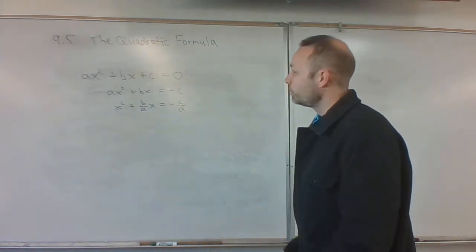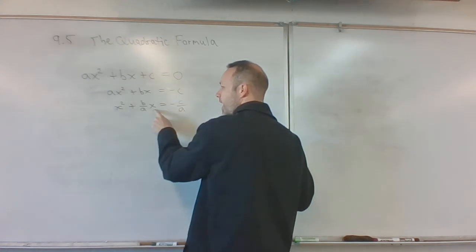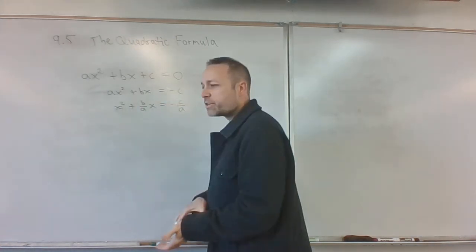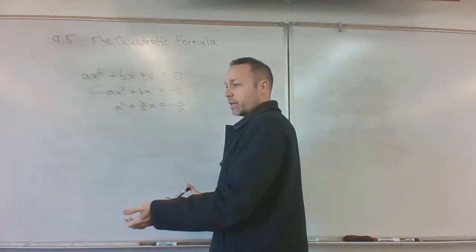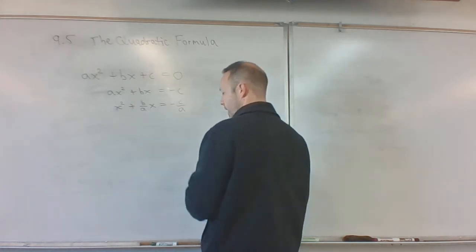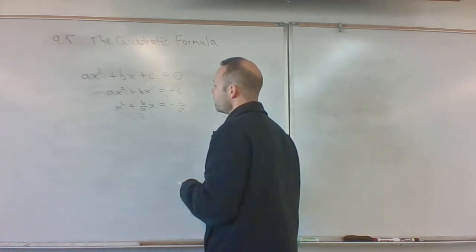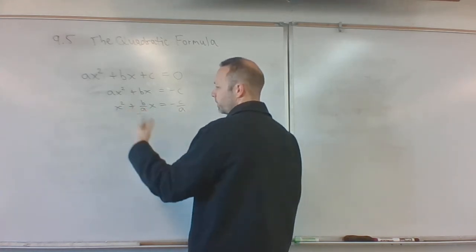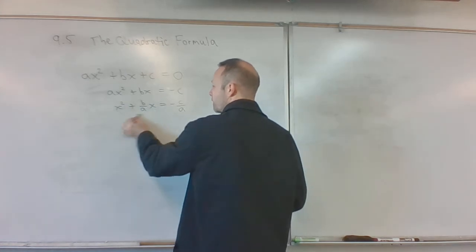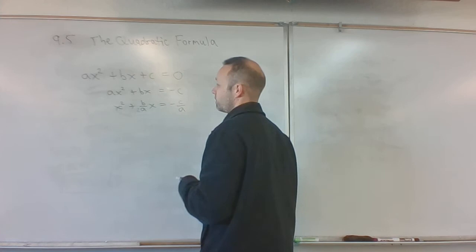All right, now for completing the square, what we did is we took this coefficient of x, divided it by 2, and then squared it. And we added that to both sides. So if we took this and divided it by 2, I could show it as if we're dividing the whole thing by 2. But if we played around with the fraction a little bit more, we would see that dividing by 2 like that is the same thing as dividing by 2 like that.